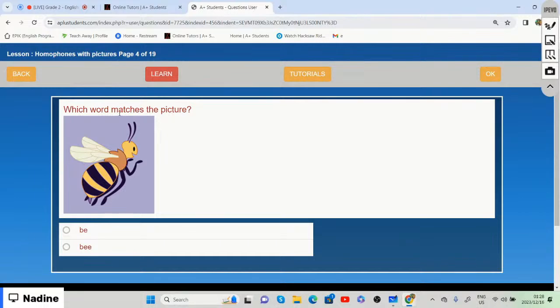And which word matches the picture? Is it the first word B or the second option B? So the first option B or the second option B?